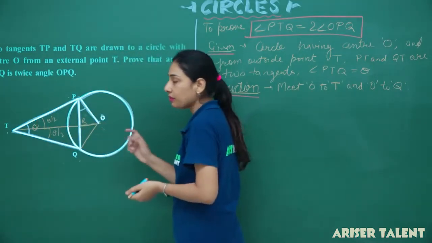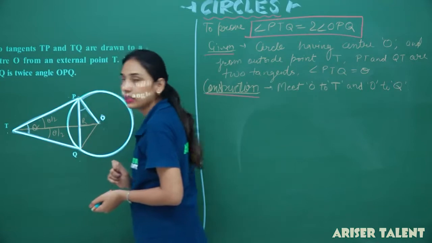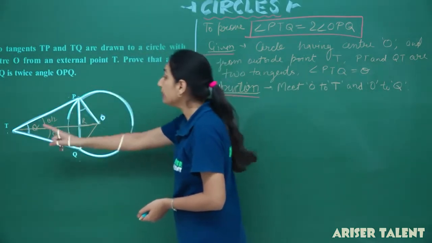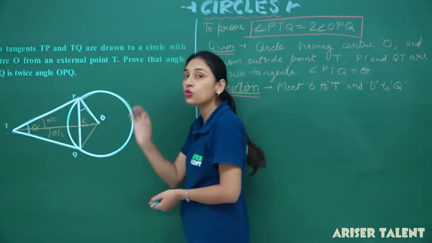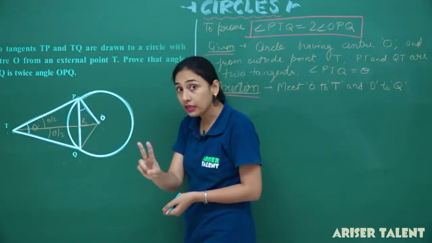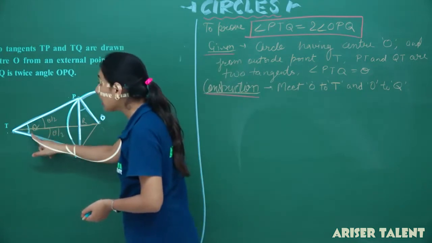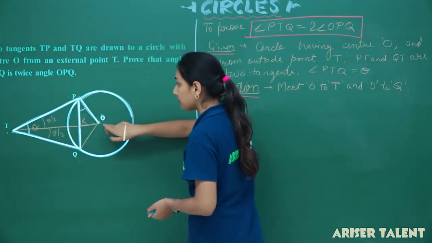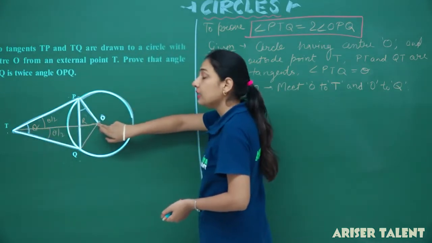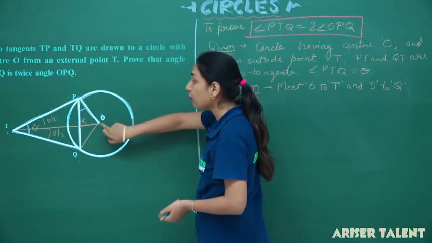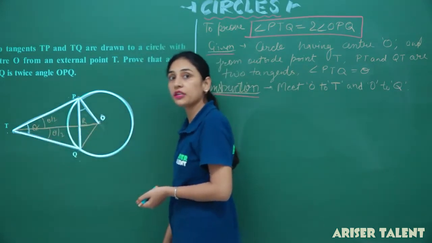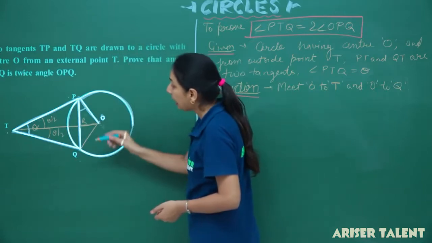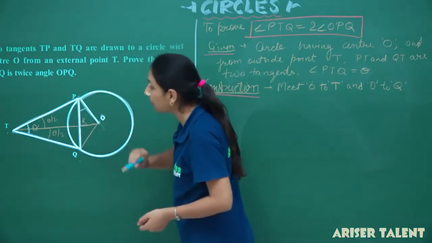You have remembered that if you have a point outside the circle and two tangents from it, then the two tangents TP and TQ are equal, and the angle is bisected by the line coming from the center to that outside point. So this is the angle bisector, and it is also the bisector of the line PQ.